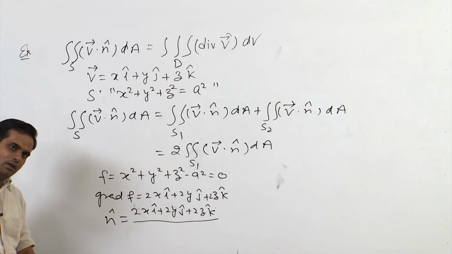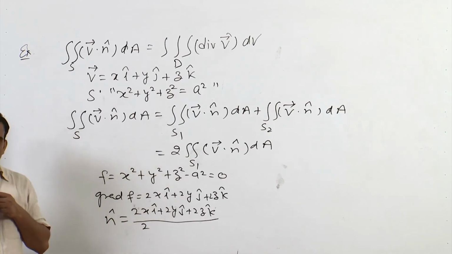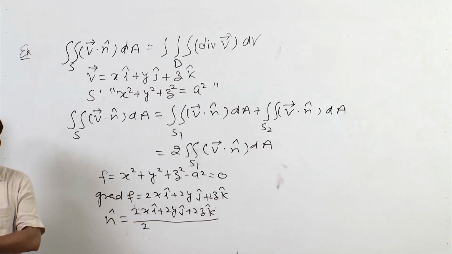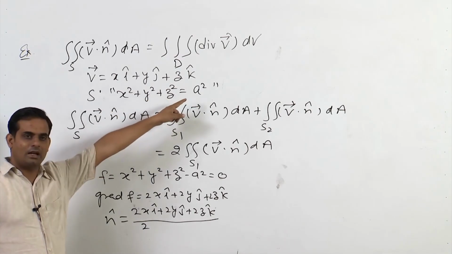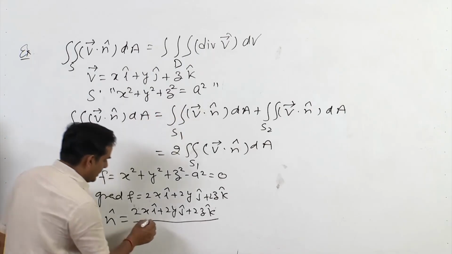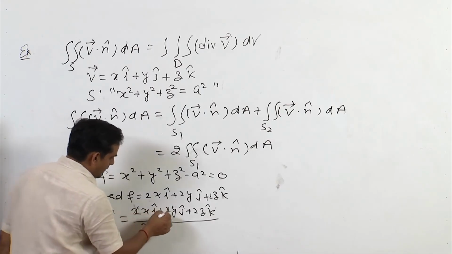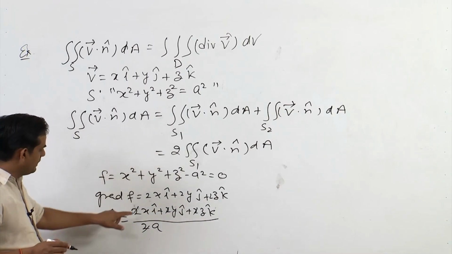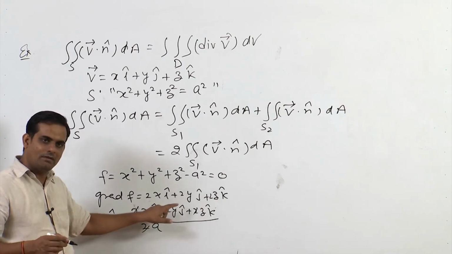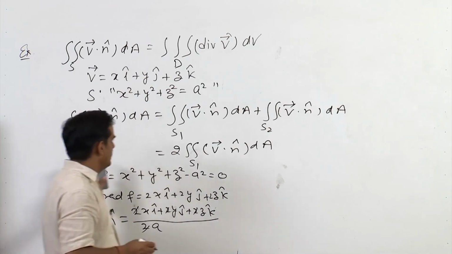So 4 I will take common, so it will become 2, and then square root of x square plus y square plus z square. x square plus y square plus z square is a square, so it will become twice a. So 2 will be cancelled out. So basically the normal vector is x upon a in the i direction, y upon a in the j direction, and z upon a in the k direction.